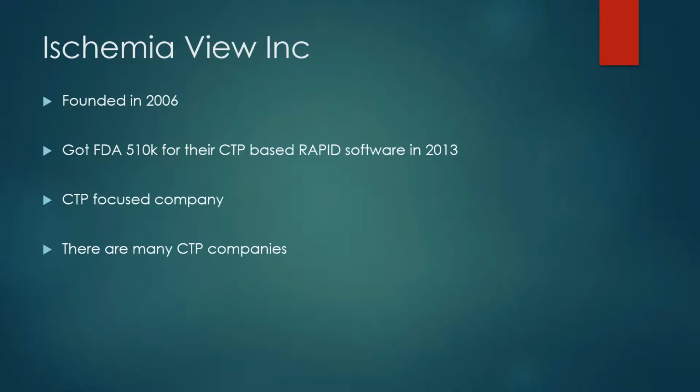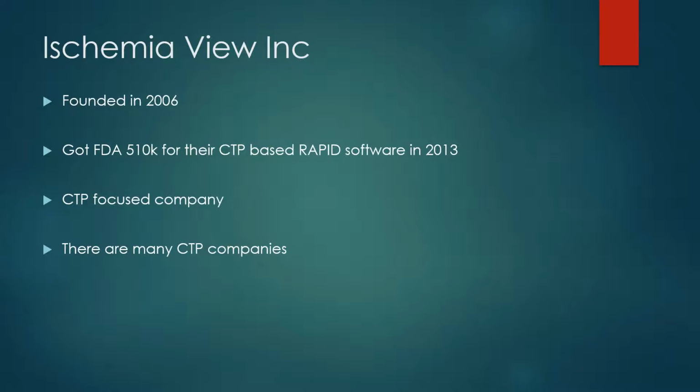There are two main competitors in the market. One is SchemaView. This is a company in the US, founded in 2006, and they already got FDA clearance for their CTP-based rapid software. CTP is different from CTA, so it's kind of a competitor, but not a direct competitor. They work in a different modality, a different kind of CT images.